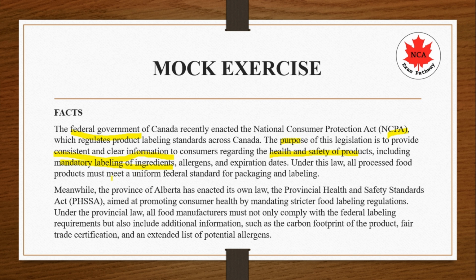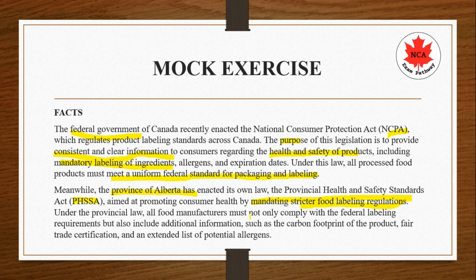Under this law, all processed food products must meet a uniform federal standard for packaging and labeling. Meanwhile, the province of Alberta has enacted its own law, the Provincial Health and Safety Standards Act, that is PHSSA, aimed at promoting consumer health by mandating stricter food labeling regulations.